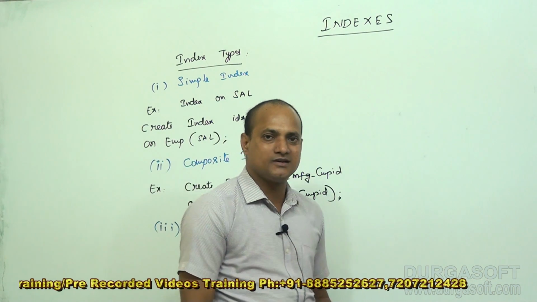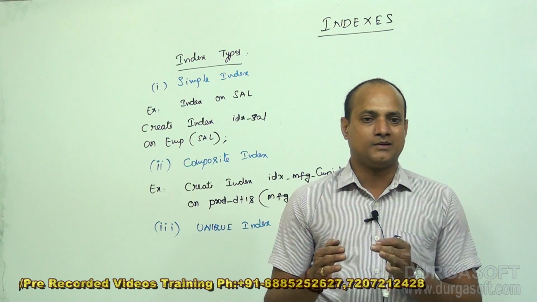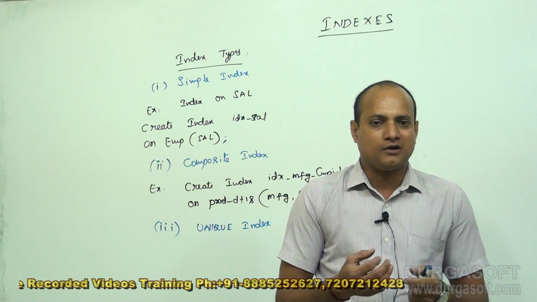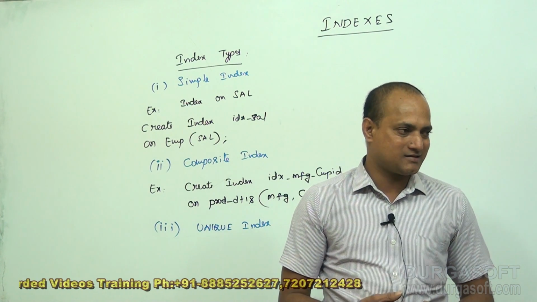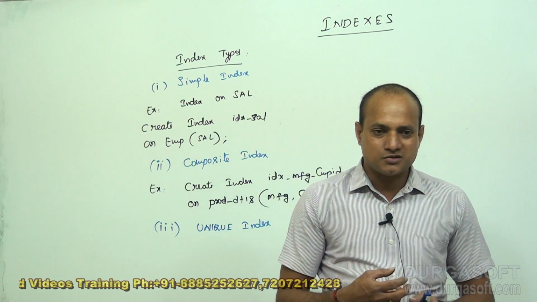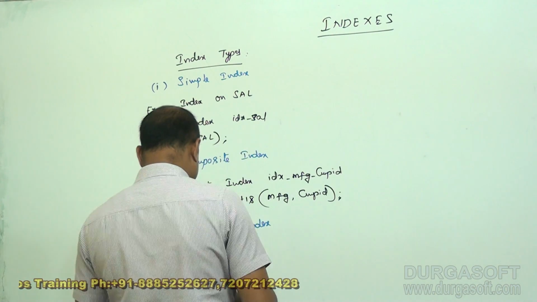Remember this point. If your column has duplicate values, you are unable to create a unique index. The column should contain only unique values. In that case, you can create a unique index.